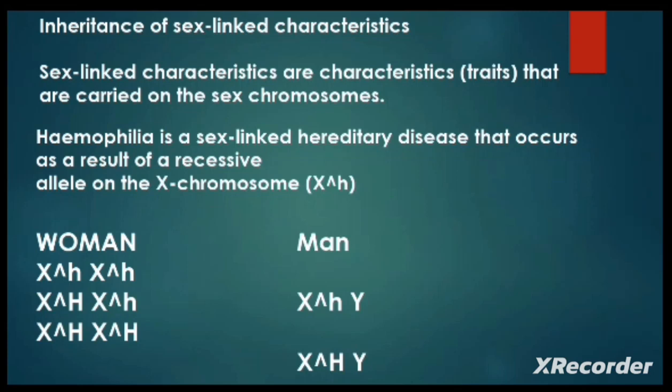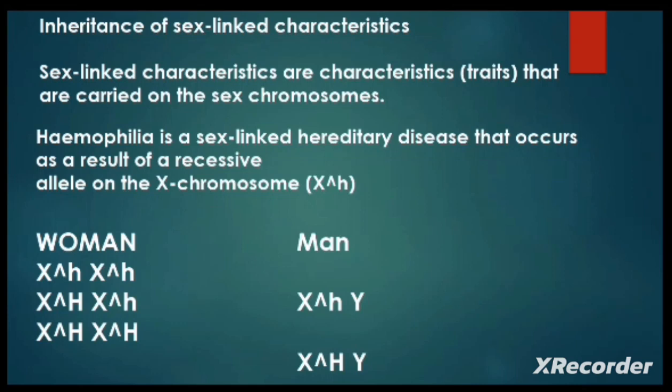X and Y. So if you see a recessive allele on the X, a recessive allele H being an exponent on the X of the male's sex chromosome, it means that that man has hemophilia, because they're saying hemophilia is a sex-linked hereditary disease that occurs as a result of a recessive allele.